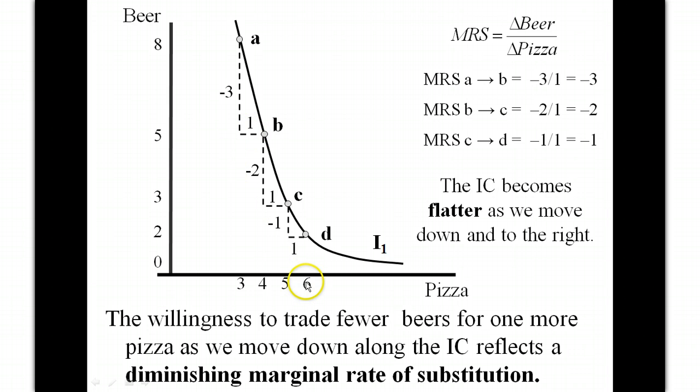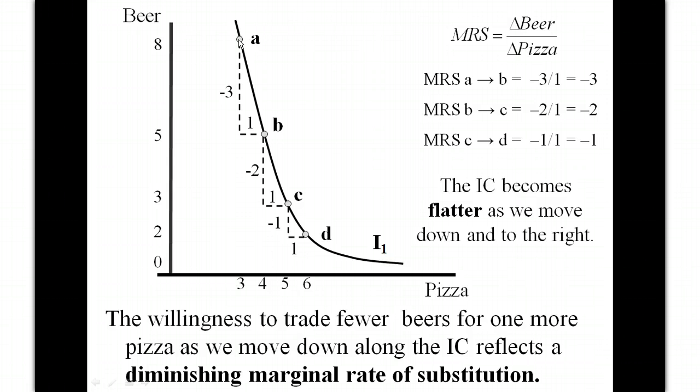But there's a big difference between dropping from 6 to 5 and from 4 to 3. Going from 4 to 3, the quantity of pizza is getting relatively small. Now their consumption bundle is no longer balanced. To give up from 4 to 3, they'd need to be compensated by much more of the other good. In this instance, there'd need to be a rise of 3 to keep the utility the same when going from B to A.